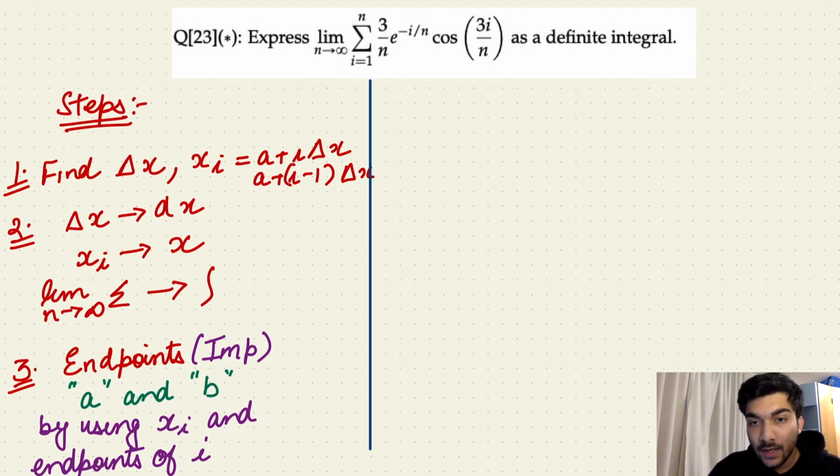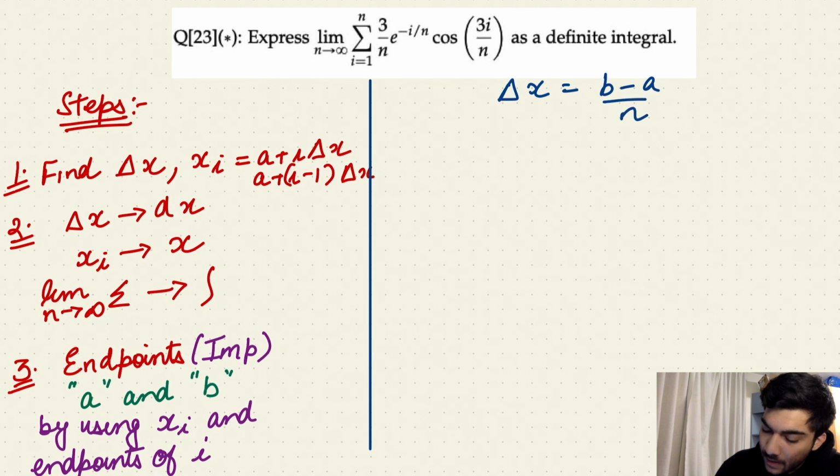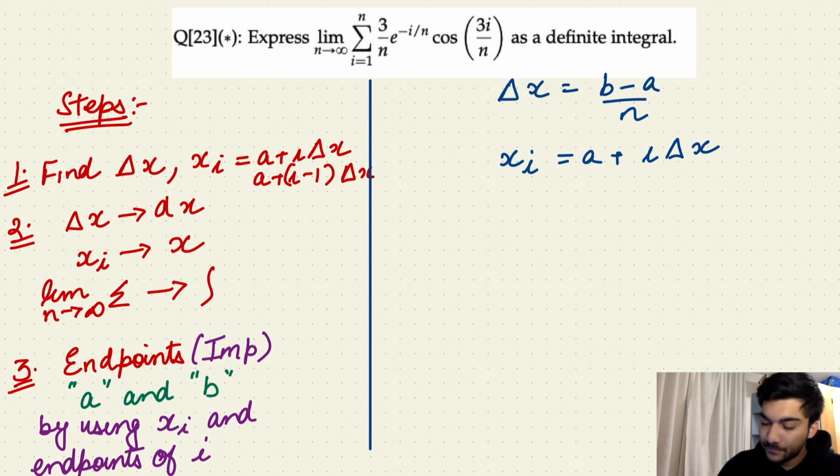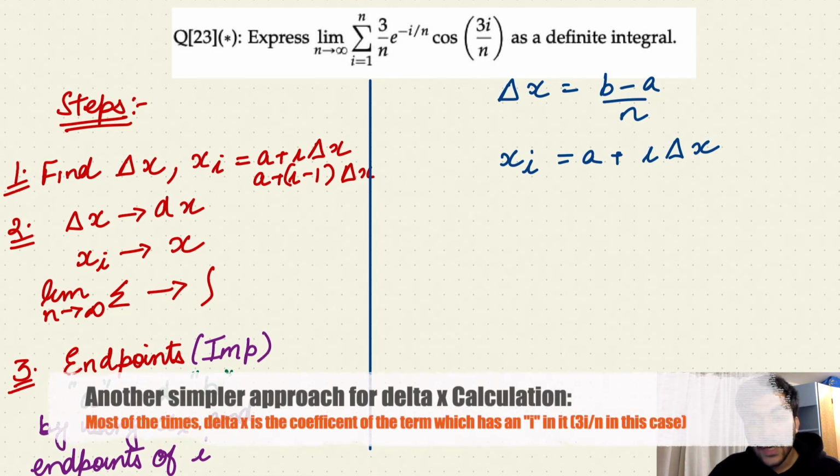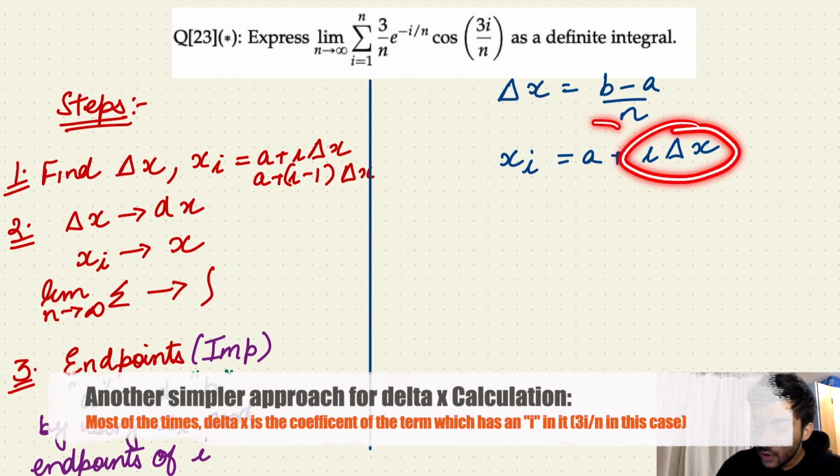Okay, so now let's start solving this question. So we know that our delta x is b minus a over n. My xi is a plus i delta x, and based on this pattern I have to find my delta x. So my delta x in this case would be a term which has n in its denominator, and it should also match with the xi term.